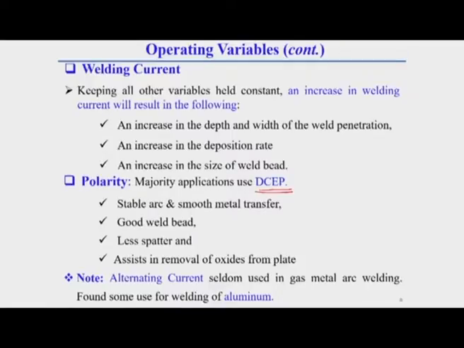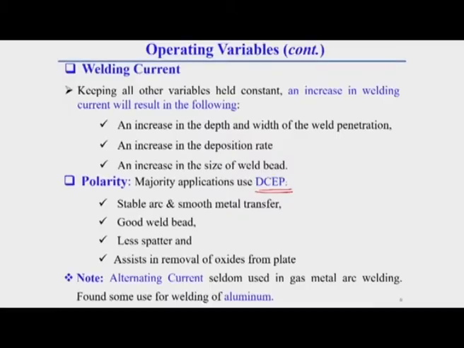If the electrode is connected to the positive terminal, then more electron bombardment takes place in the electrode, so more heat is generated there compared to where the positive ions are deposited.